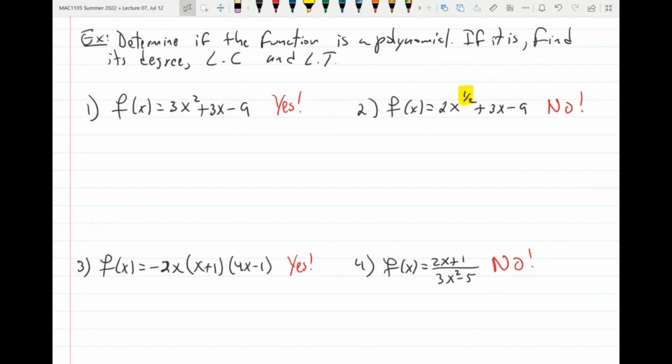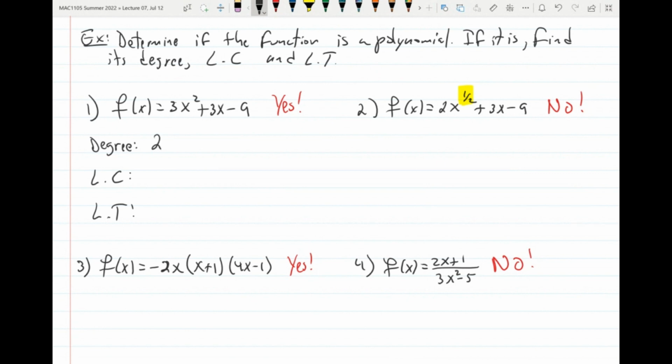Okay, so now that we know that 1 and 3 are polynomials, let's find degree, leading coefficient, and therefore leading term. So degree, leading coefficient, then leading term. Remember, degree is the highest exponent of the variable. So what's the degree for number 1?